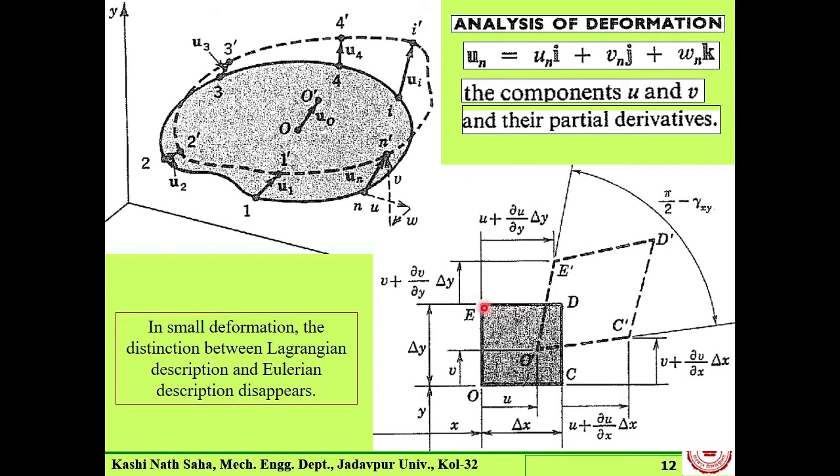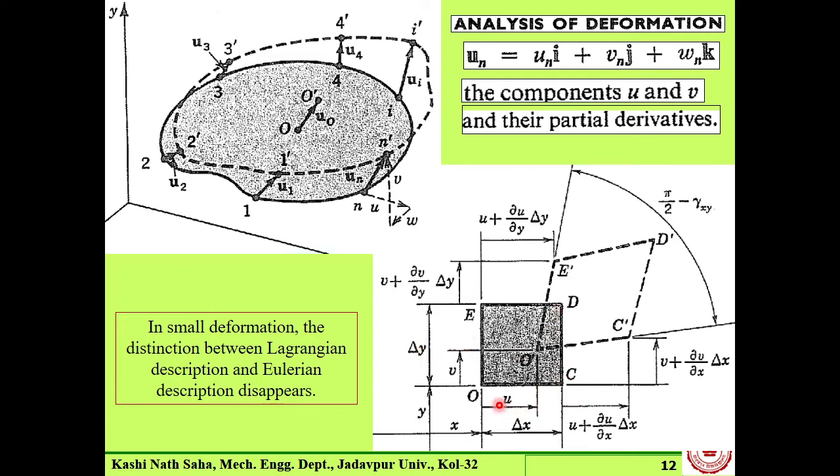If we consider this point here itself with coordinate delta y, then we have this v plus the variation of v along y, del v del y, with delta y. This is clear. And in addition, this point D is at a distance of delta y in this direction.